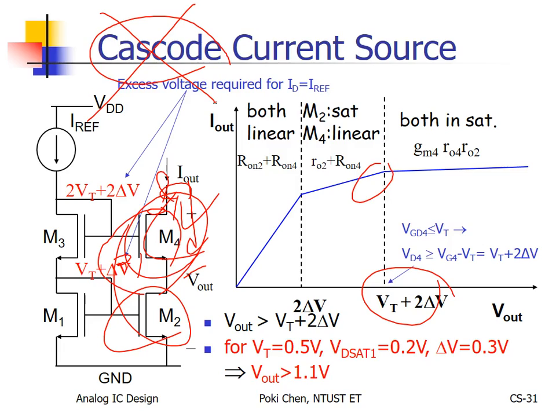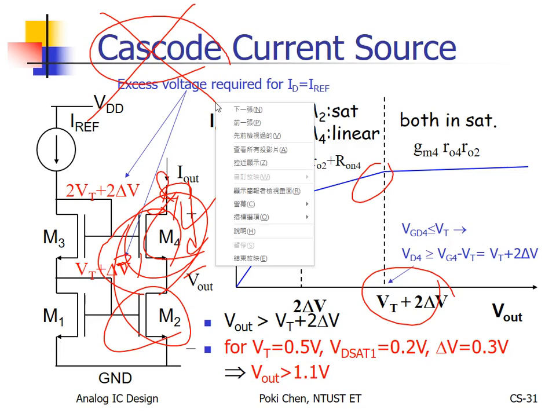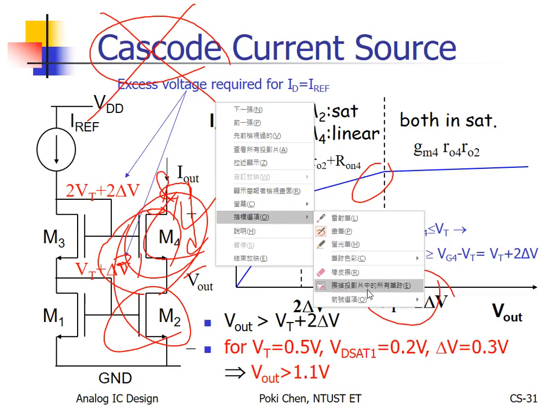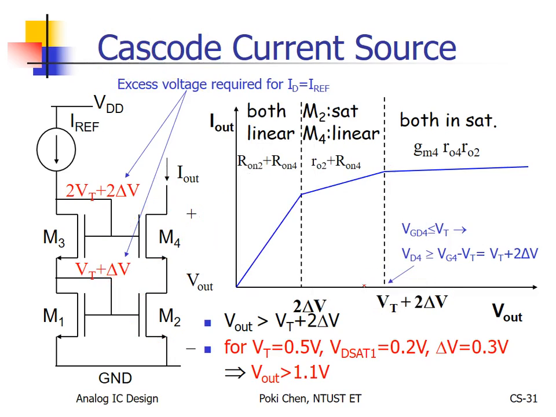So right now, without cascoding, you only get what? Because this one is already on in triode region. But that one is still survivable. Only if you have delta V here, M2 can happily stay in saturation.